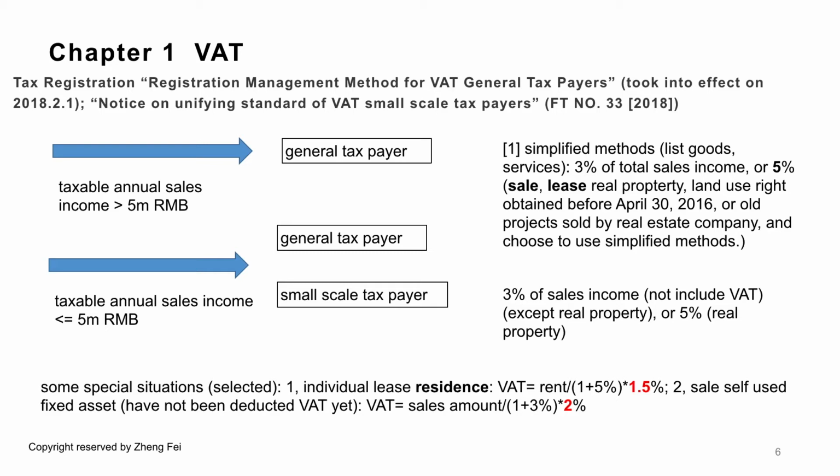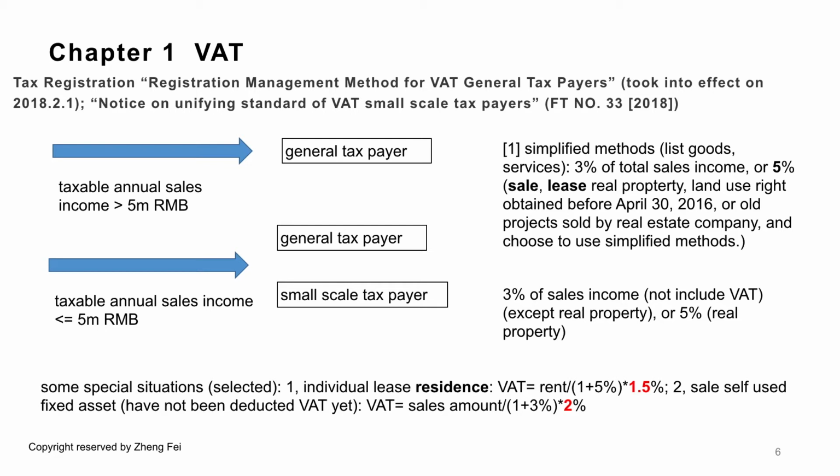who enjoys a simplified approach for calculating VAT, i.e., 3% of total sales income, or 5% for real property. Moreover, a general taxpayer company could also choose to use this simplified approach.